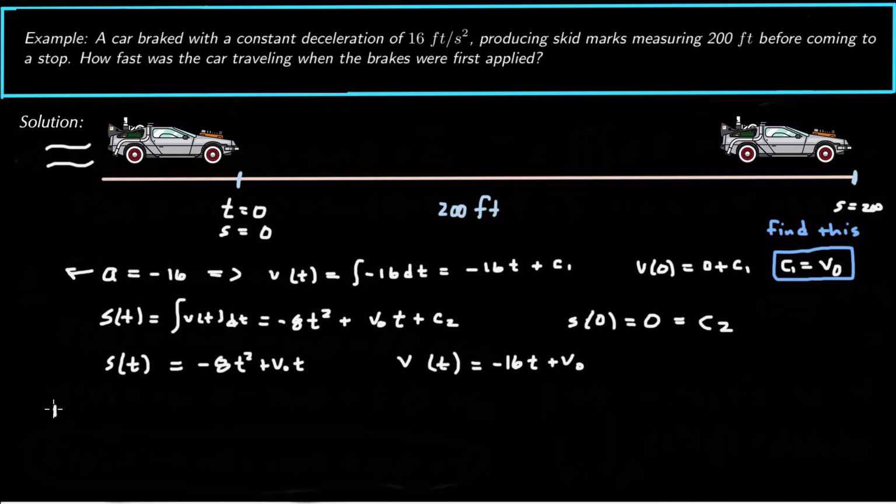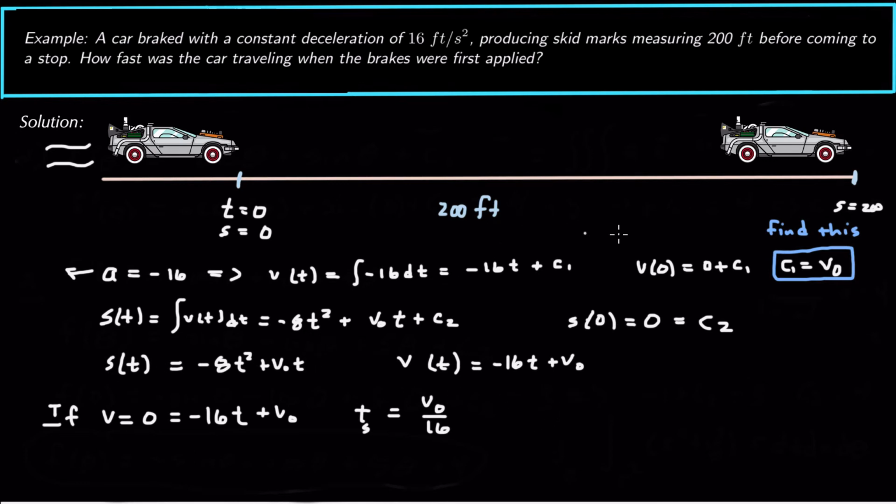If v equals 0, then negative 16t plus v0 equals 0. That tells me that the time it takes to stop, we'll call it TS, is v0 over 16.